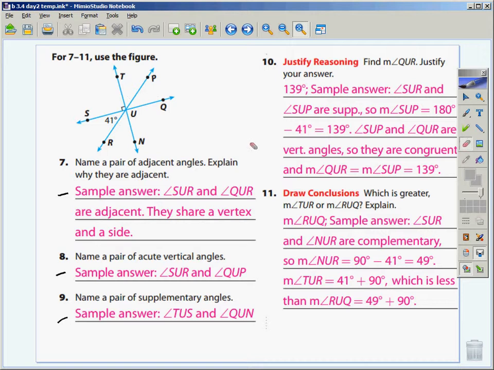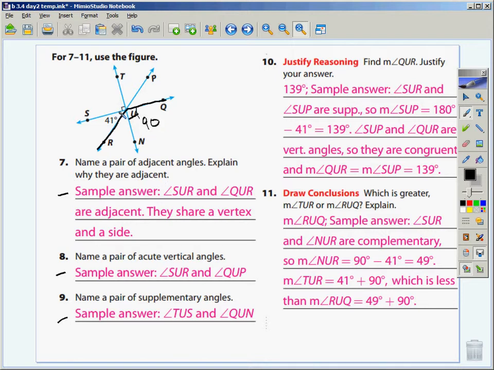Yes. Number 10. Find QUR, justify your answer. Again, there's more than one way that we could have done this, but if this was 90 degrees up here, this is also what? 90 degrees.